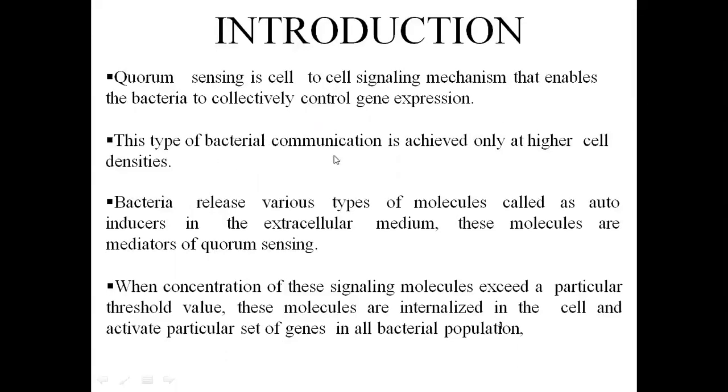This type of bacterial communication is achieved only at higher cell densities. If you have 50 cells, you will not be able to find quorum sensing. But if you have more than 1 lakh cells, a higher cell density, quorum sensing can be recorded.